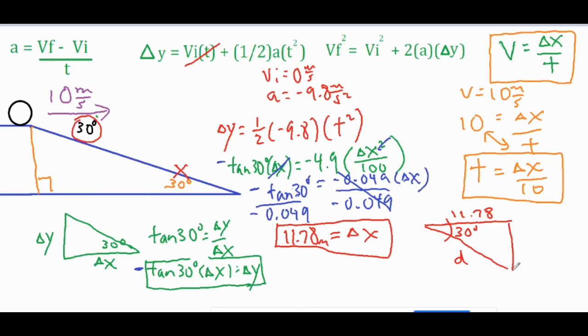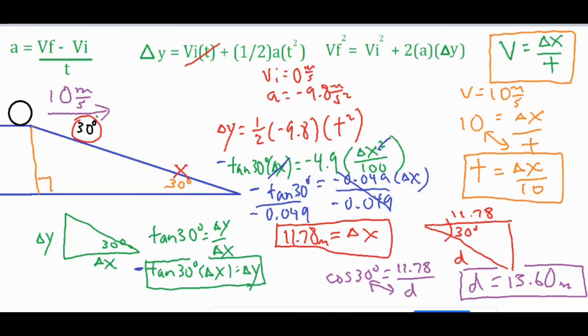So if we want to see where it's going to land on this, it's basically the hypotenuse of that triangle. So we can use the adjacent and hypotenuse sides, which is cosine. So the cosine of 30 degrees equals adjacent 11.78 over that hypotenuse of distance d. We can cross multiply those two, and 11.78 divided by the cosine of 30 gives us that distance on the slope, which is about 13.660 meters.